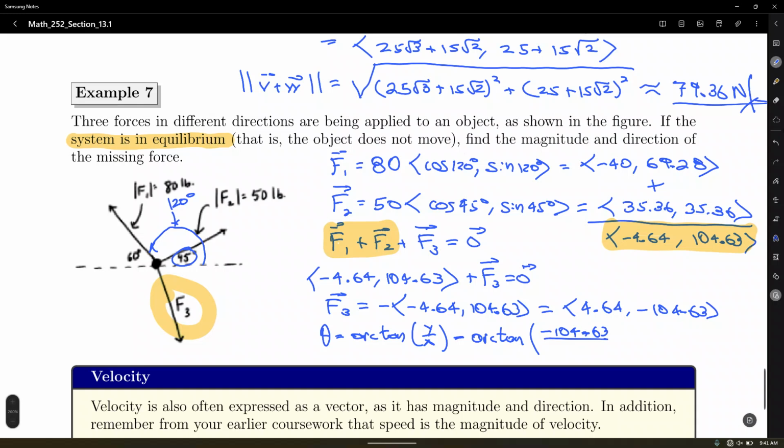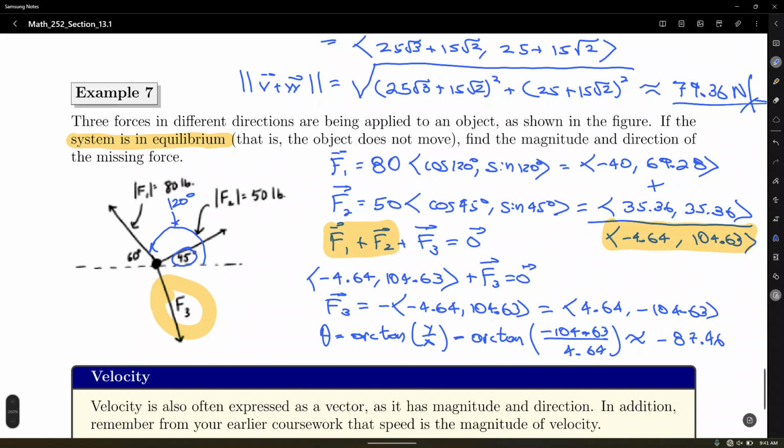Use your calculator to get this result. If you use your calculator, you would get approximately negative 87.46. Is that what you get?